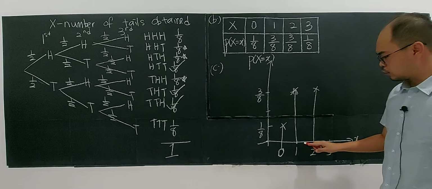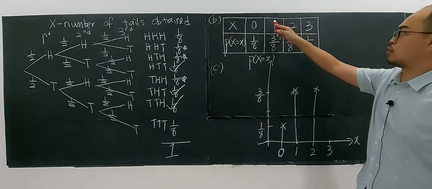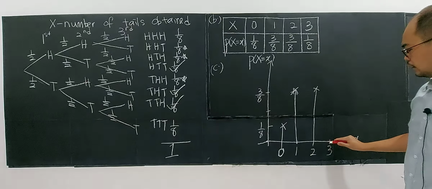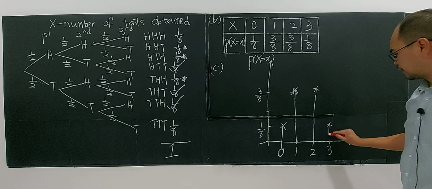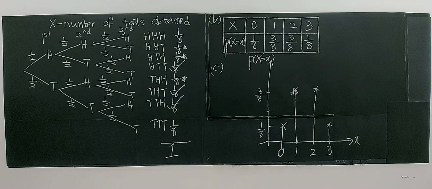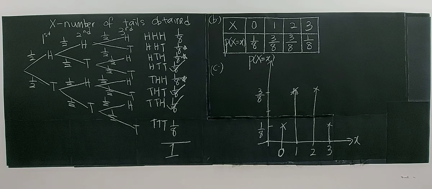If you said X equals 1.5, there is no probability, right? How could you get 1.5 tails? What is the meaning of 1.5 tails here? So 3 is 1 over 8. So this will be the graph of the probability distribution of this discrete random variable. All right, I hope you understand. That's all for this video.